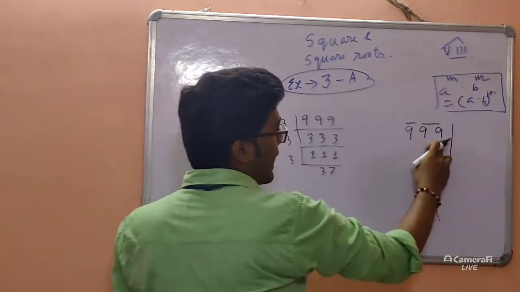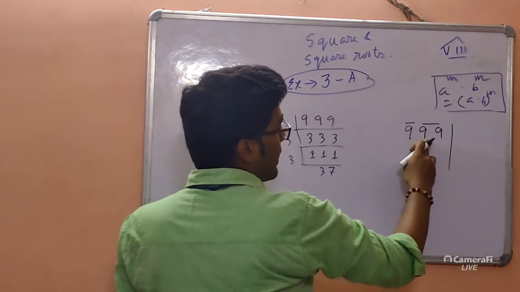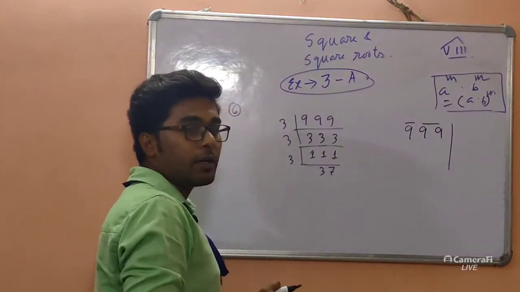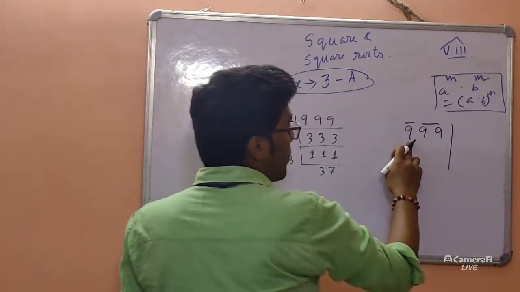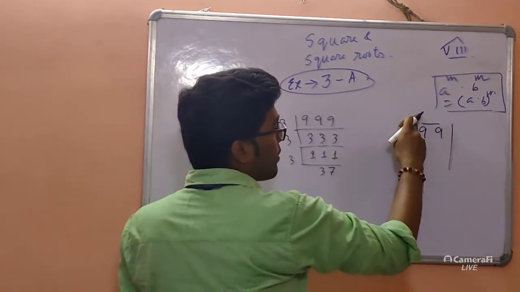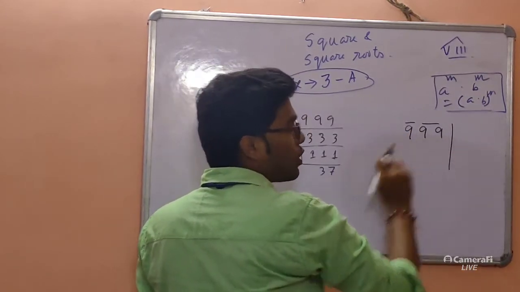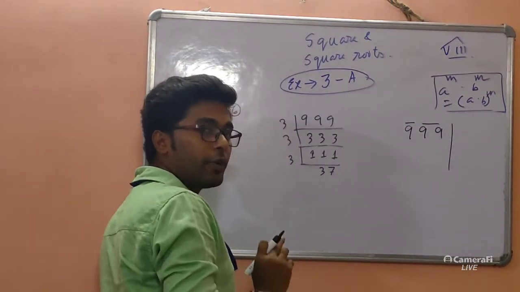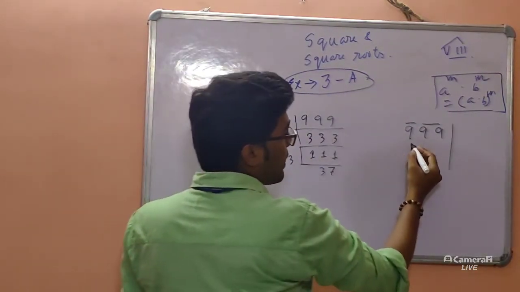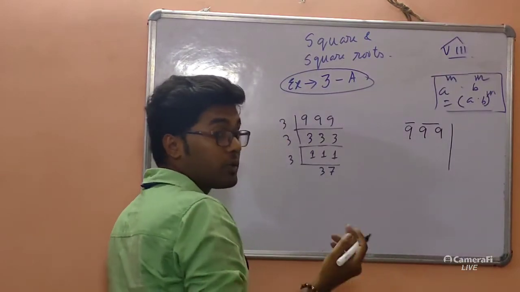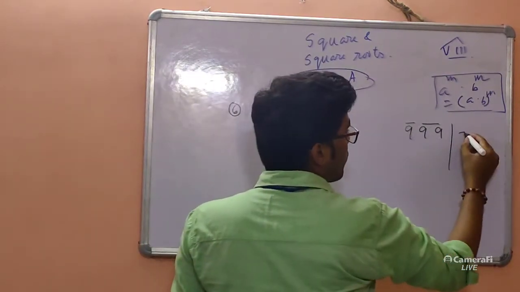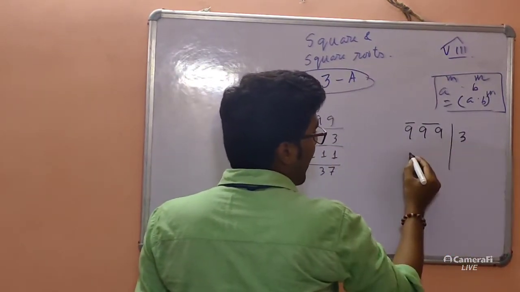So here 999, so 1, and here 2 digits. Since there are 3 digits, we are taking first digit and then 2 digits, right? We need to divide it like this. Now go close to 9. We know 3 square is 9. So 3 and 3 square you write here.